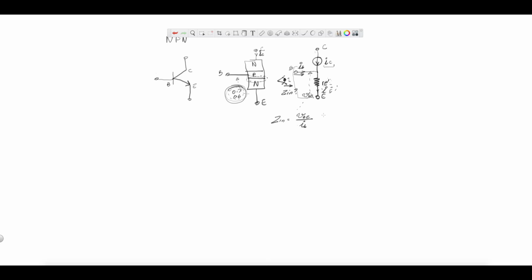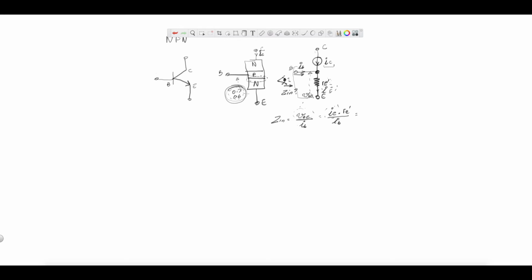What else can we say? Well, what is this VBE in AC? That's IE times RE prime, and then the whole thing divided by IB. Well, what is IE?